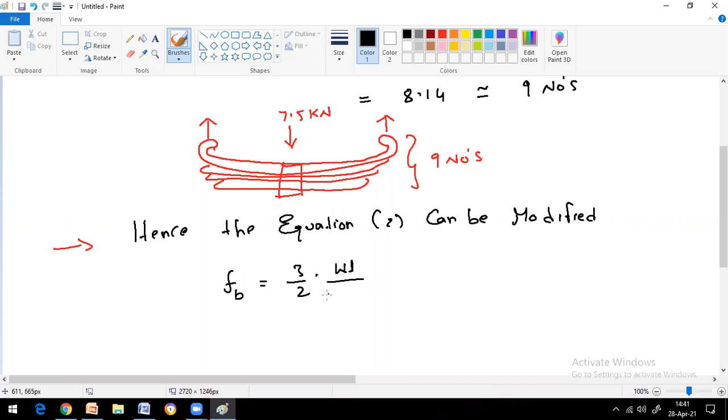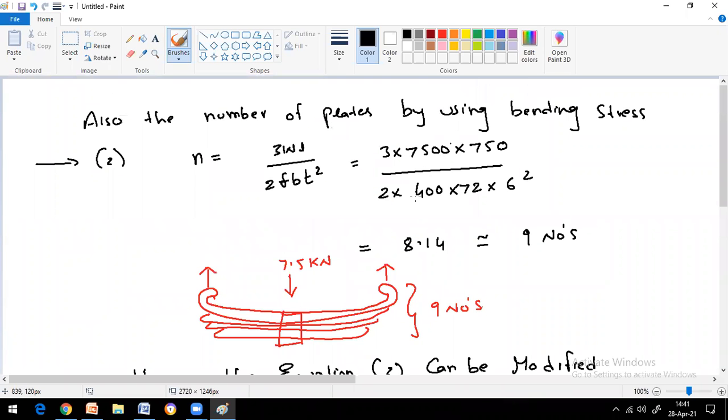Why am I calculating it again? Because with the given bending stress of 400 Newton per mm square, you got the number of plates as 8.14. But here you are rounding 8.14 up to 9 numbers, right?